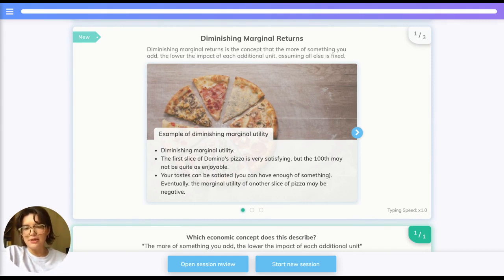Imagine you've just bought a Domino's pizza and you've been hungry all day, and the first slice of the pizza is incredible and it's very satisfying. However, if you were to eat 100 slices of Domino's pizzas, which would be pretty impressive, it might not be quite as enjoyable as that first slice. So your tastes can be satiated, which means you can have enough of something, and eventually the marginal utility of having another slice of pizza might be negative.